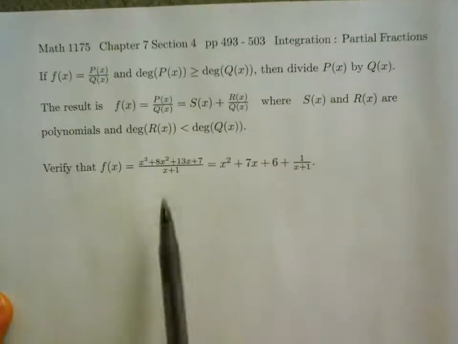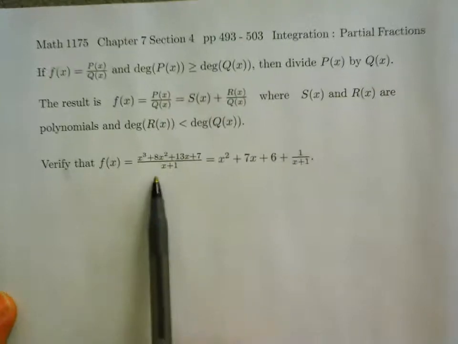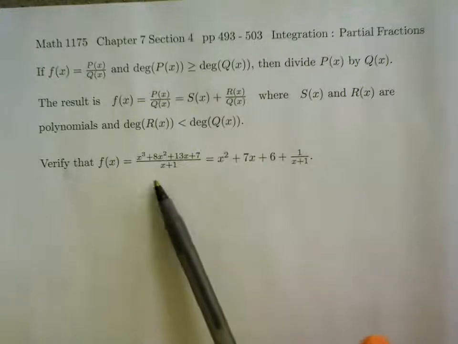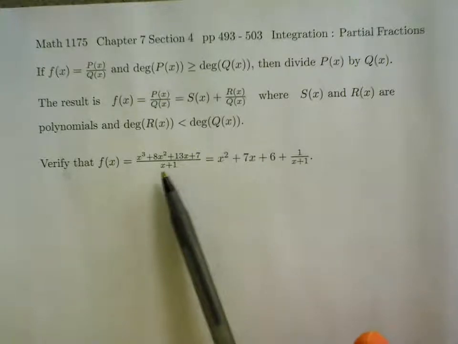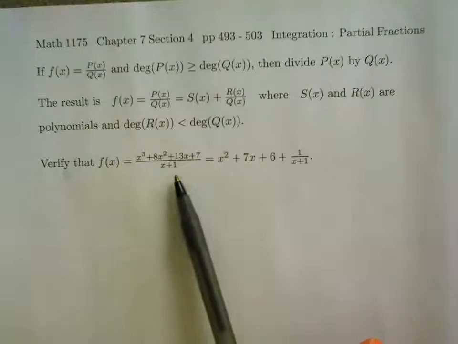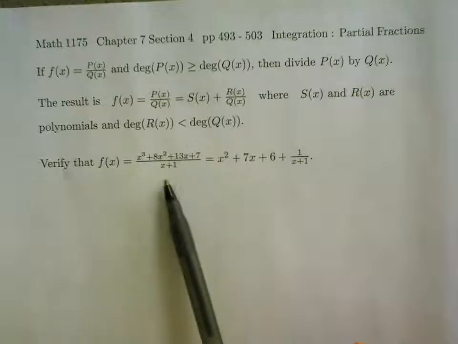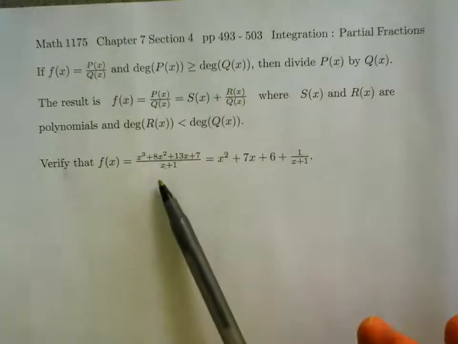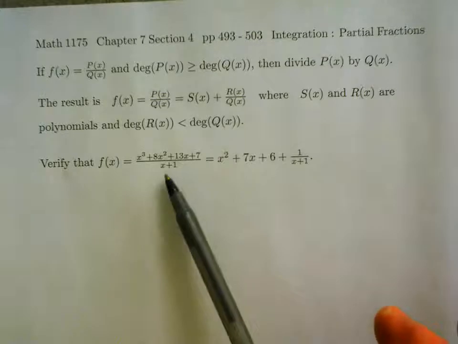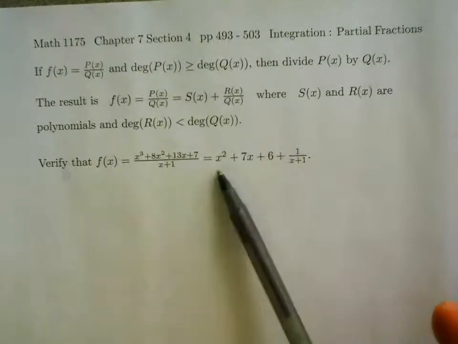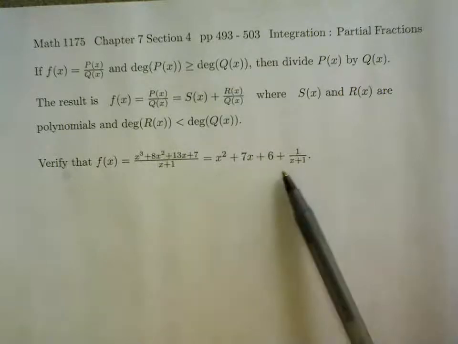Okay, so we should review polynomial long division. And here we have an improper rational function, x to the third plus 8x squared plus 13x plus 7 divided by x plus 1. It's improper. And so before we integrate an improper rational function, we want to put it in a simpler form by long division.